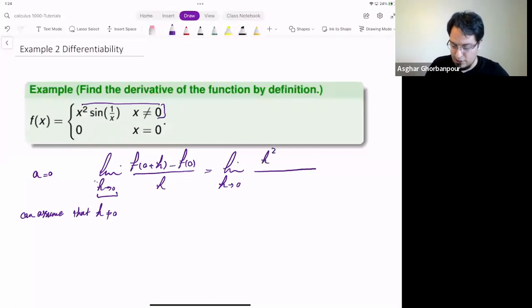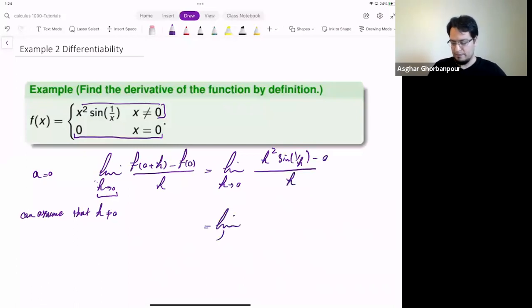So this will be h squared times sine of 1 over h, minus f at 0. Well, f at 0 is given. This is just 0, divided by h.